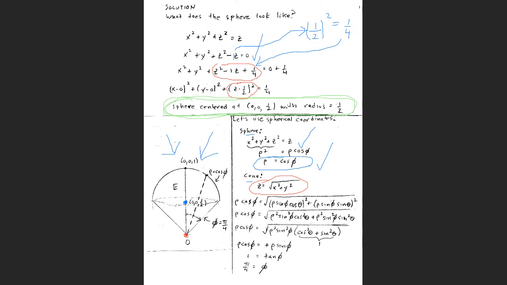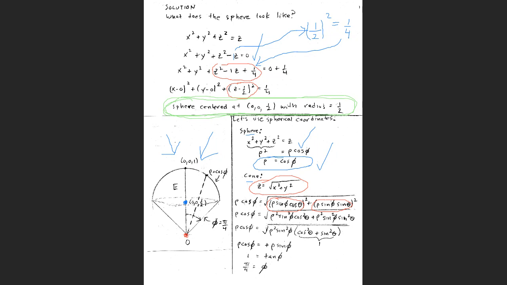So what I do is I replace x with rho sine phi cosine theta and y with rho sine phi sine theta. That's the definition of x and y in terms of spherical coordinates.